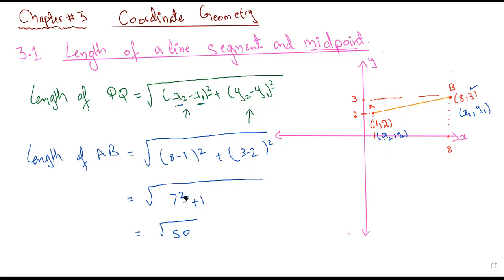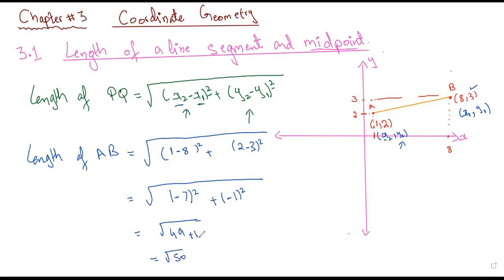So x2 minus x1, what is x2? 1 minus 8 square plus what is y2? Y2 is 2 minus 3 square. I am getting minus 7 square plus minus 1 square. I know that square of any negative number becomes positive. So minus 7 square would be 49 again and minus 1 square would be 1 again. So I will get under root 50 for this as well, right? So this is how we find length of a line segment.